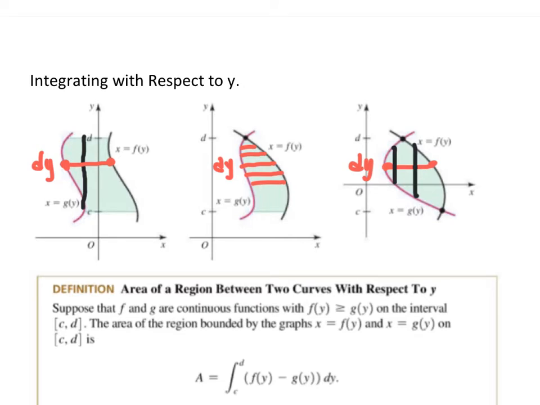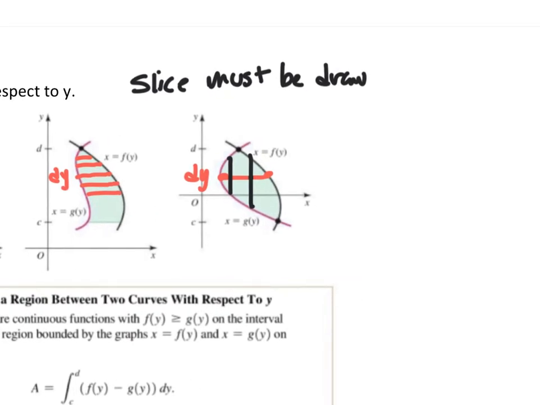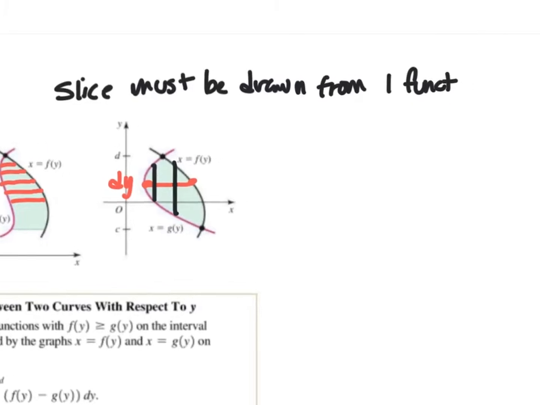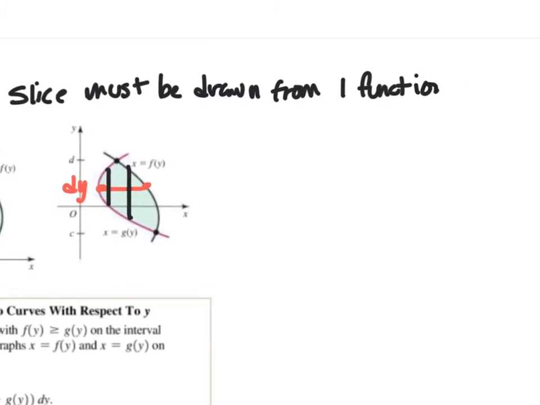The slice must be drawn from one function to the other over the entire interval.